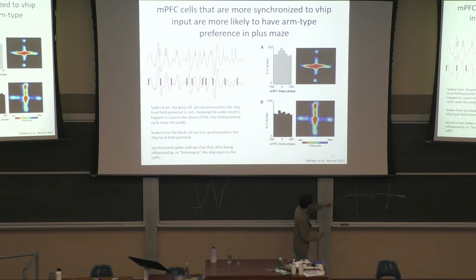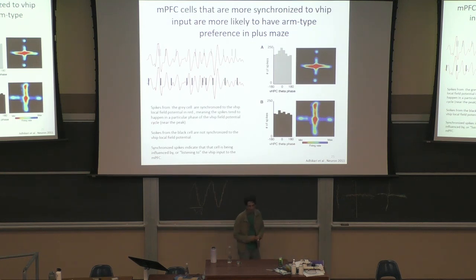And you also could have the opposite, like another cell could be good at separating arm type because it fired mostly in the open space and not the closed. But both orange cells are good at separating one arm type from the other, and the yellow one isn't.